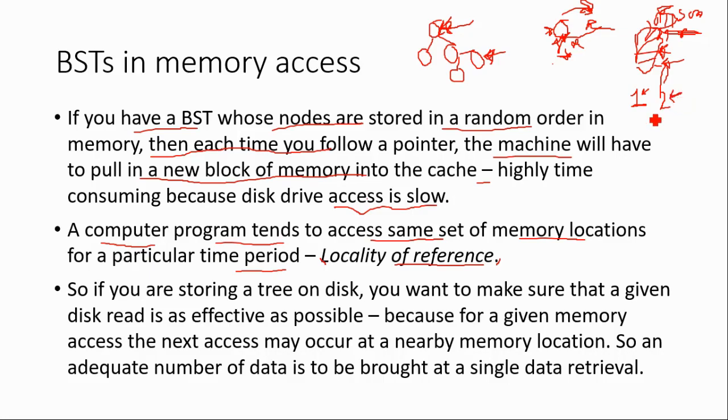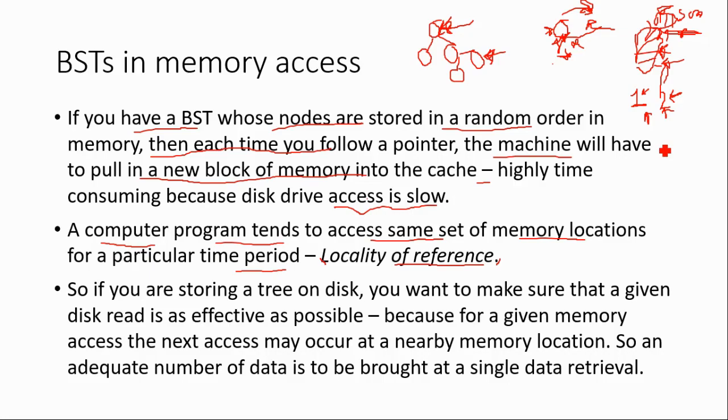Means the consecutive memory accesses will mostly be in nearby memory addresses. As another example, suppose the processor has accessed memory address 1000, then it is highly probable that the next memory access will be for 999 or 1001 or 1002.